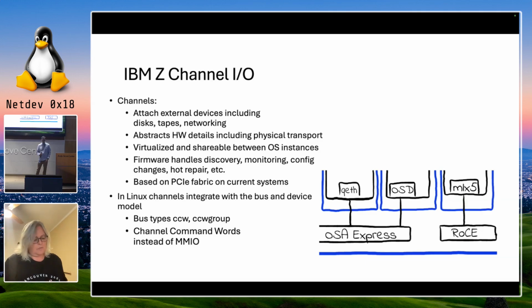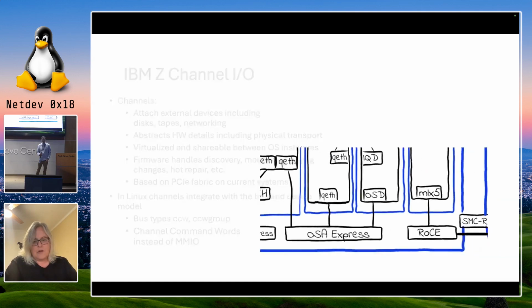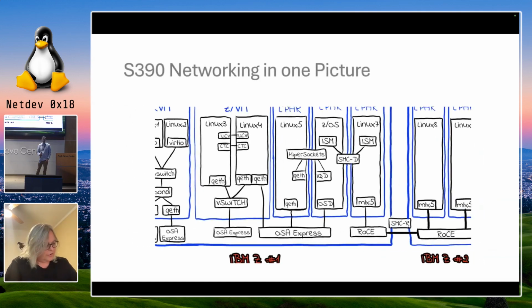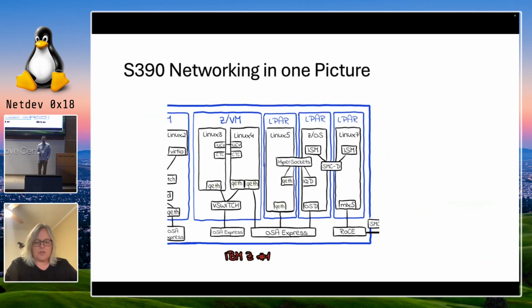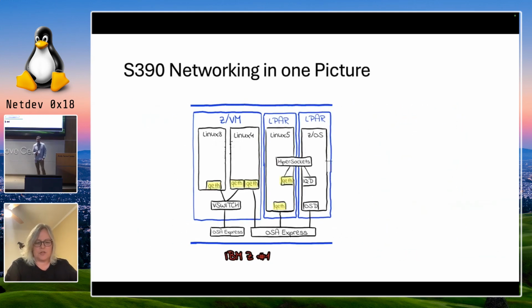So that was all about general s390 I/O. Now back to our networking picture. You see a lot of QETH on this picture, and that is the name of one of the network device drivers. And actually, that is kind of our bread and butter device drivers.